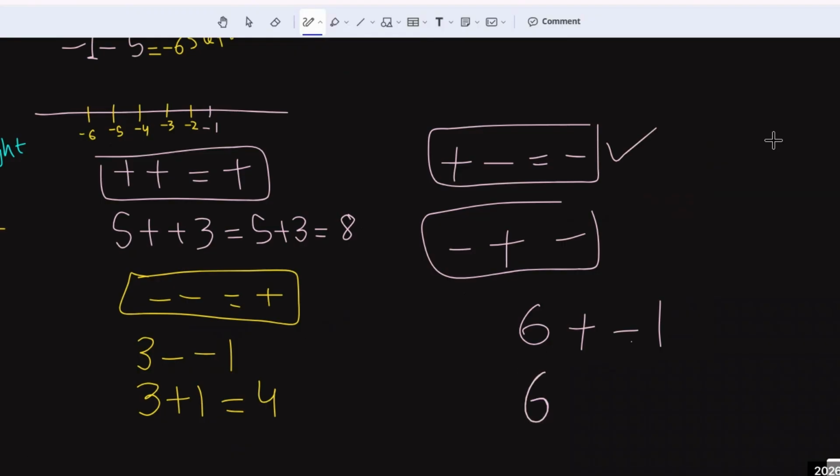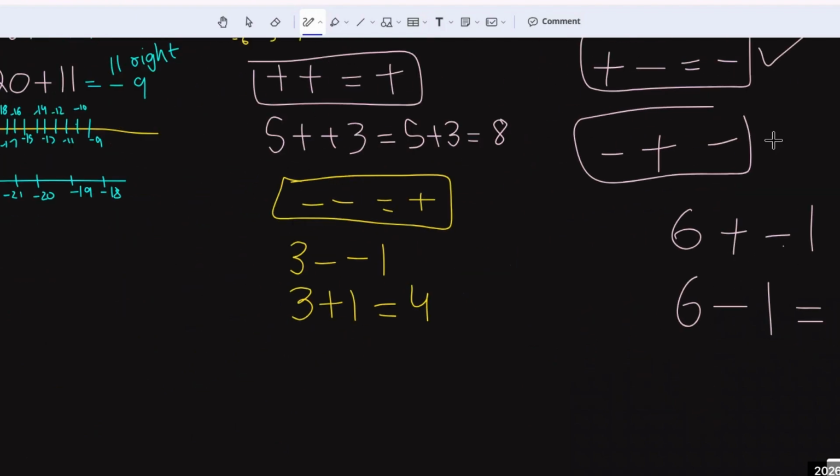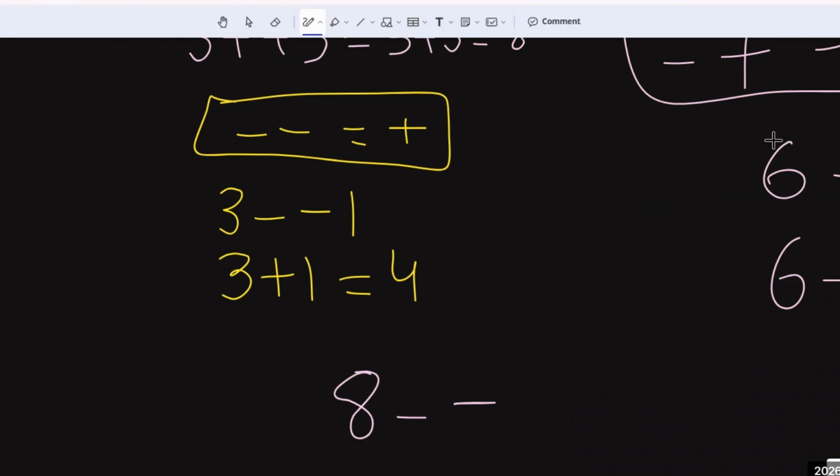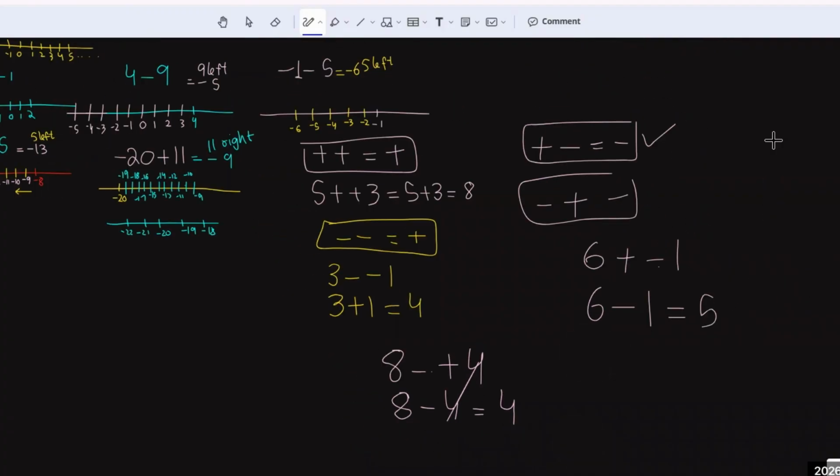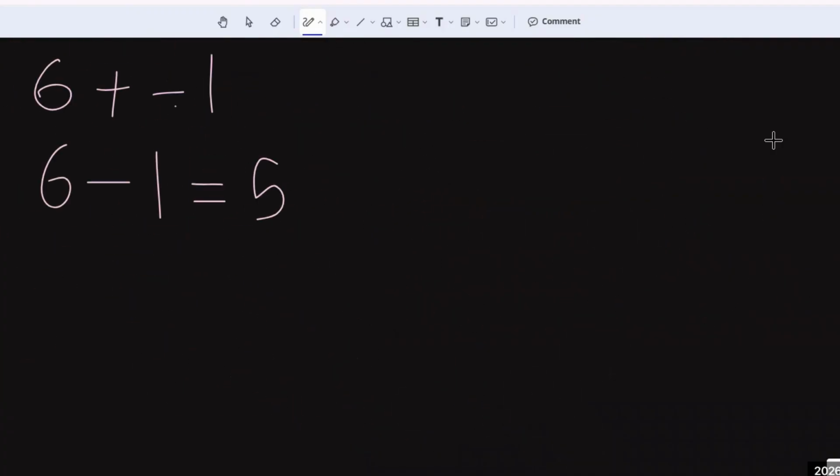I need to put one sign, that is minus. 6 minus 1 becomes 5. What about 8 minus plus 4? You know that plus minus makes minus. 8 minus 4, which becomes 4.